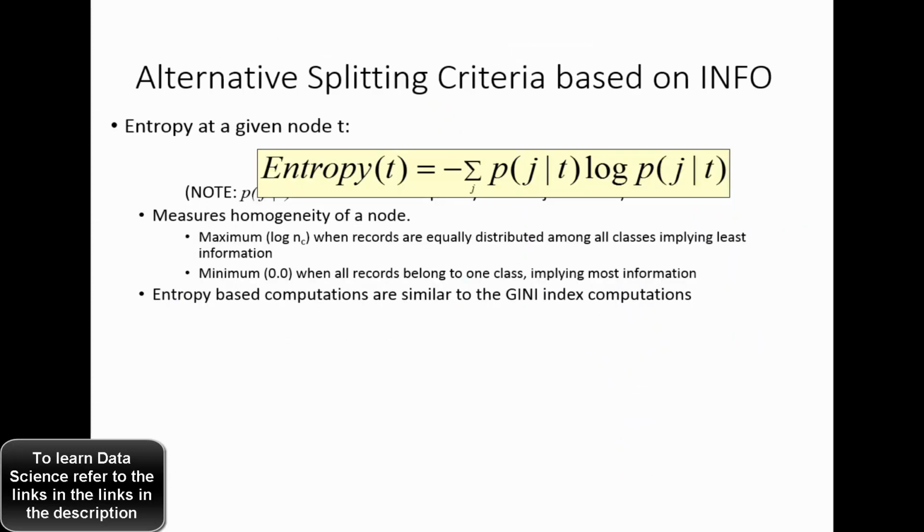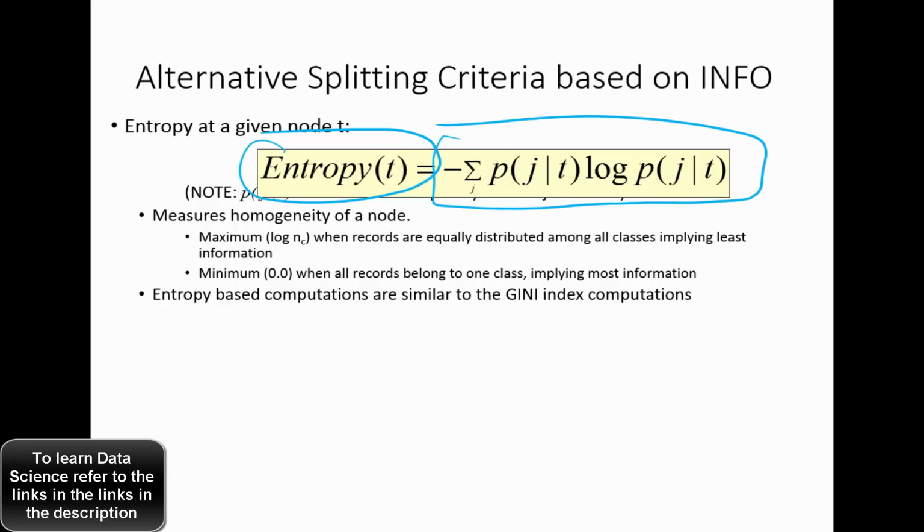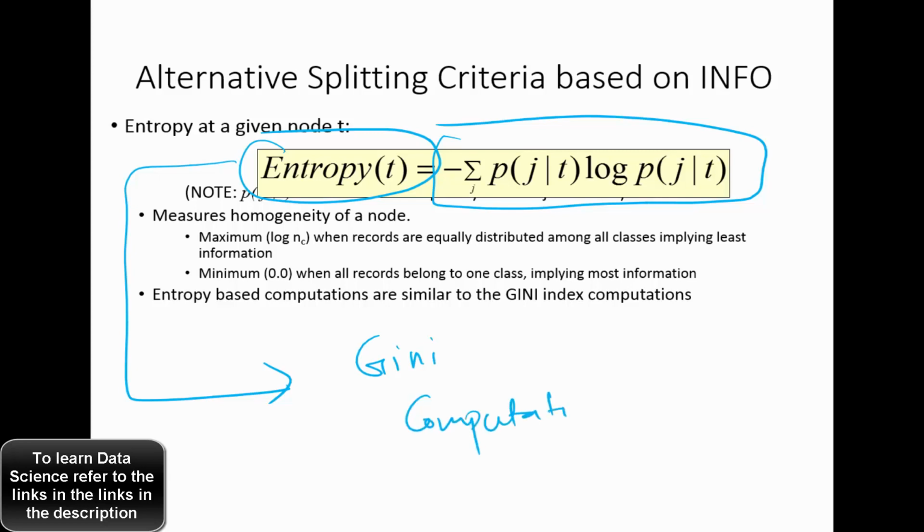Like Gini, you can also use what is known as entropy. The formula is just changed, but the computation is very similar. The reason why we have another metric other than Gini is to deal with computational efficiency.